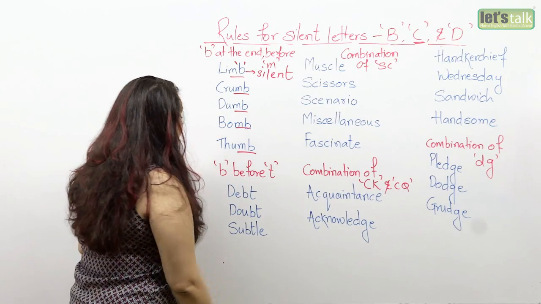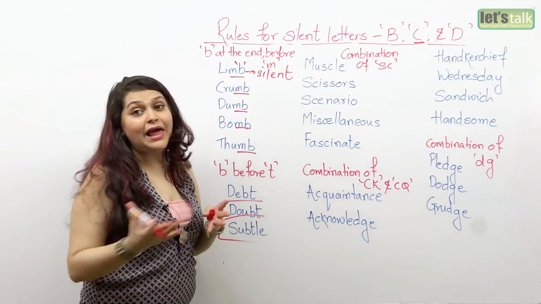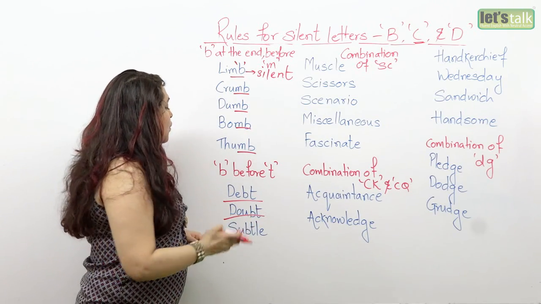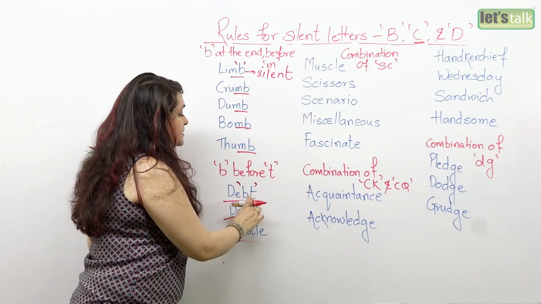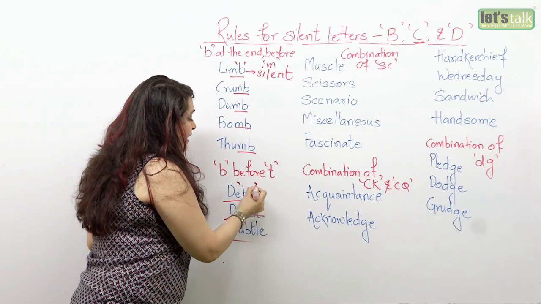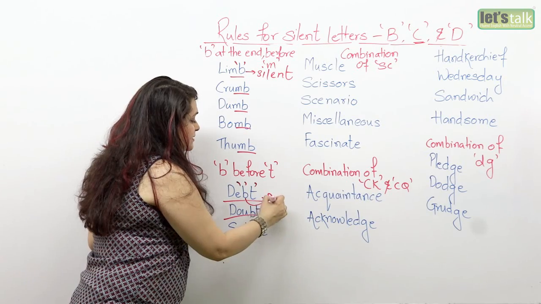So I have for you 3 words over here. The rule is that when it's a combination of BT in such a way that B comes before T at the end of a word, then B is silent.